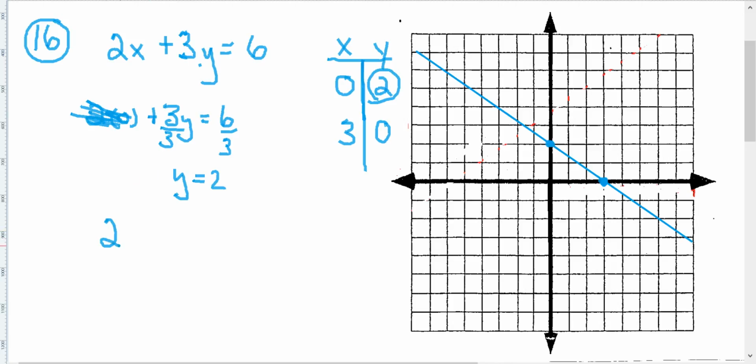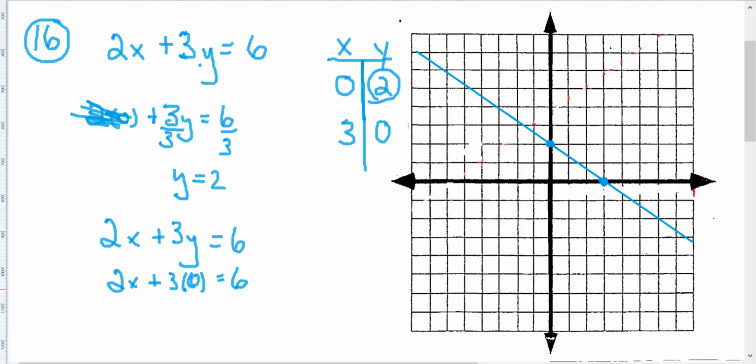Rewriting the problem, 2x plus 3y equals 6. For the next point, remember, I got to do it twice, when y is 0. So if y is 0 here, that means 2x plus 3 times 0 equals 6.